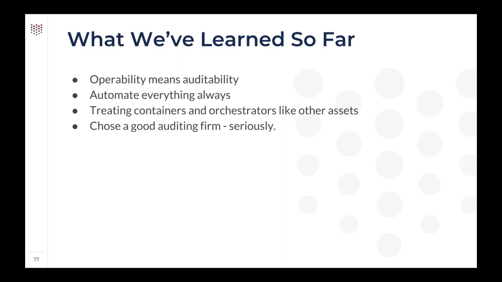So the next one is treating containers and orchestrators like other assets. This is really big. Sometimes we overcomplicate things, and we have to think about this as a whole. Docker and Kubernetes are built on Linux frameworks, right? So they essentially rely on namespaces, iptables, control groups, and protocols that already have established best practices.